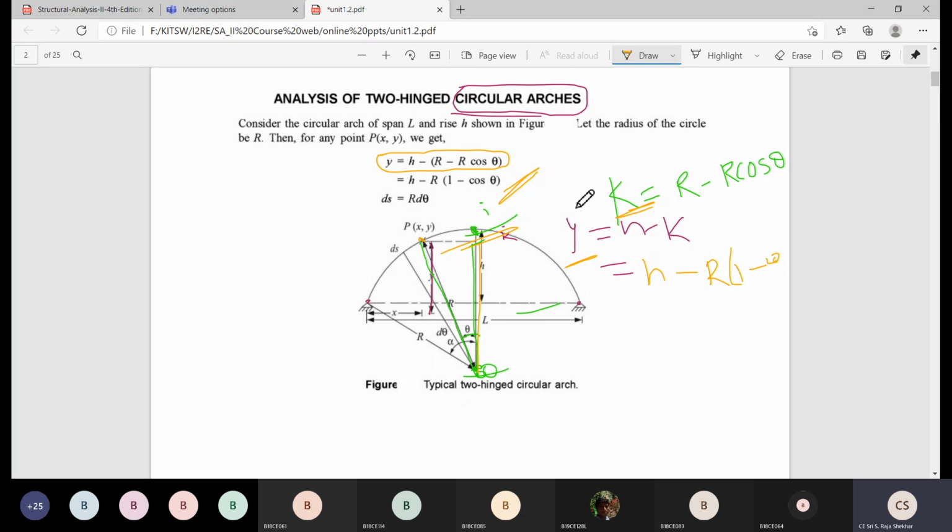So we need to calculate the x distance also. How to calculate x? The x ordinate is equal to half of the span, which is L by 2, minus this distance, which is r sin theta.